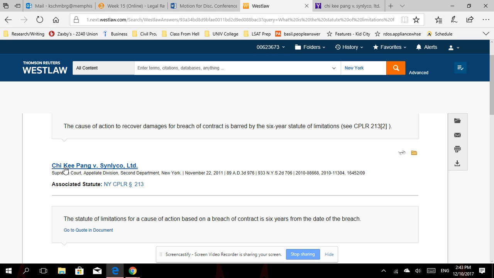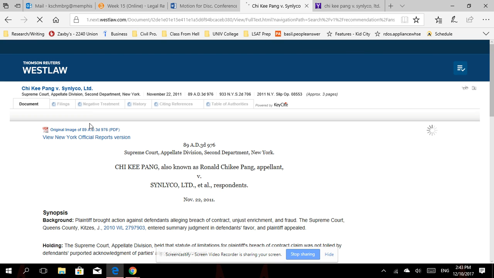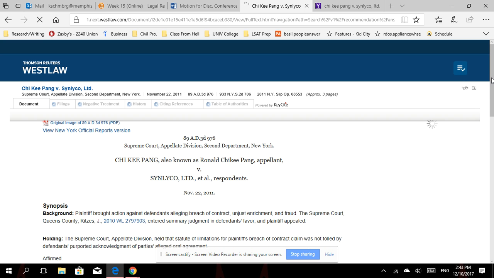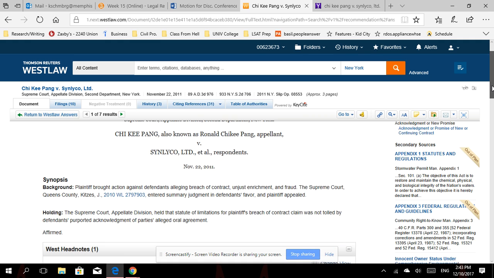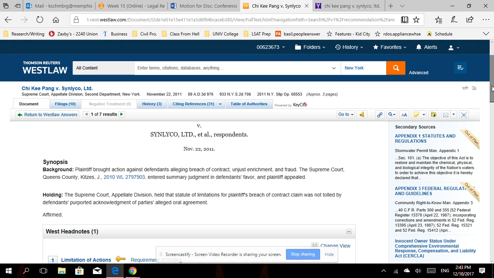But when I went to find the opinion of the same case, which is here, Cheeky Payne versus Silico Limited, I was able to find the statute and the reasoning for the court's ruling. And here you can see the synopsis background. Plaintiff brought action against defendants alleging breach of contract, unjust enrichment, and fraud.